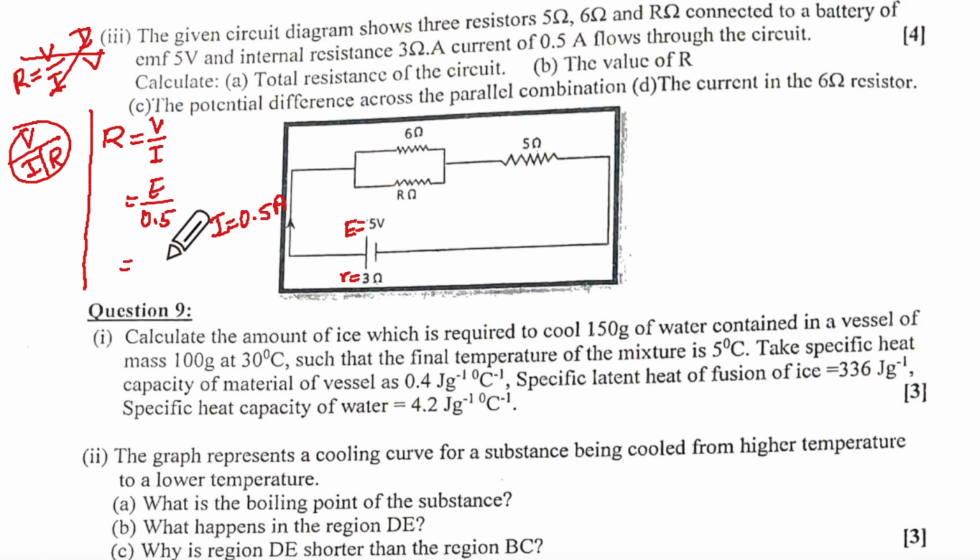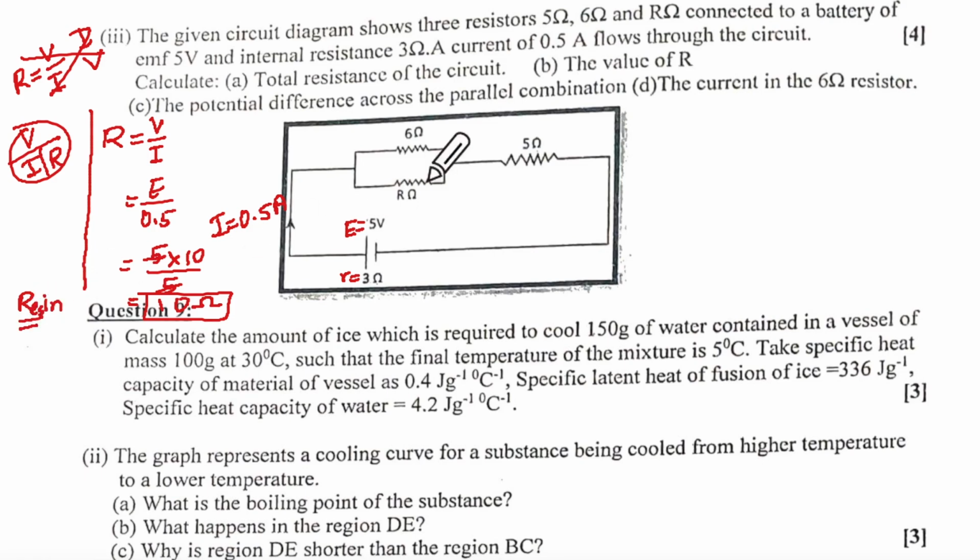So how much is E? 5 into 10 upon 5. That is going to give you 10 ohm.